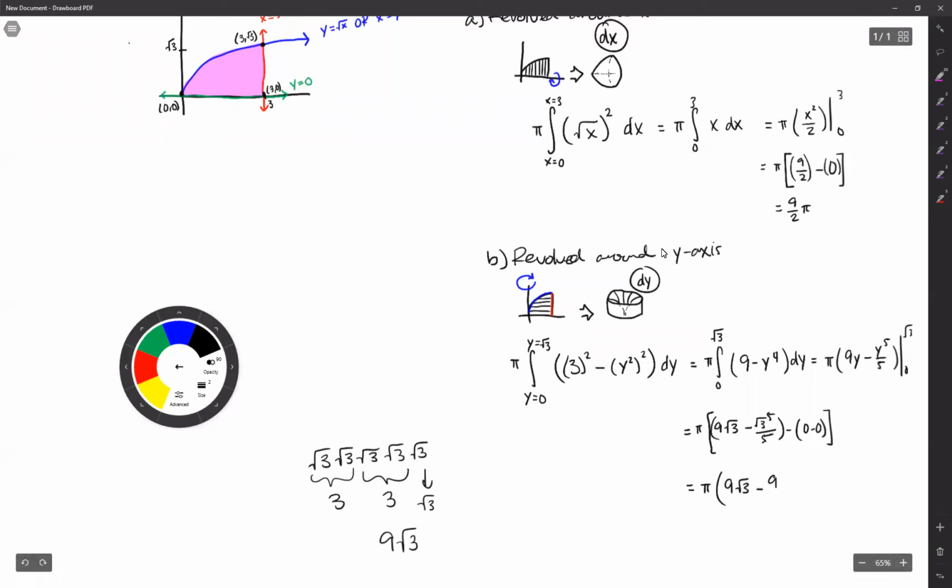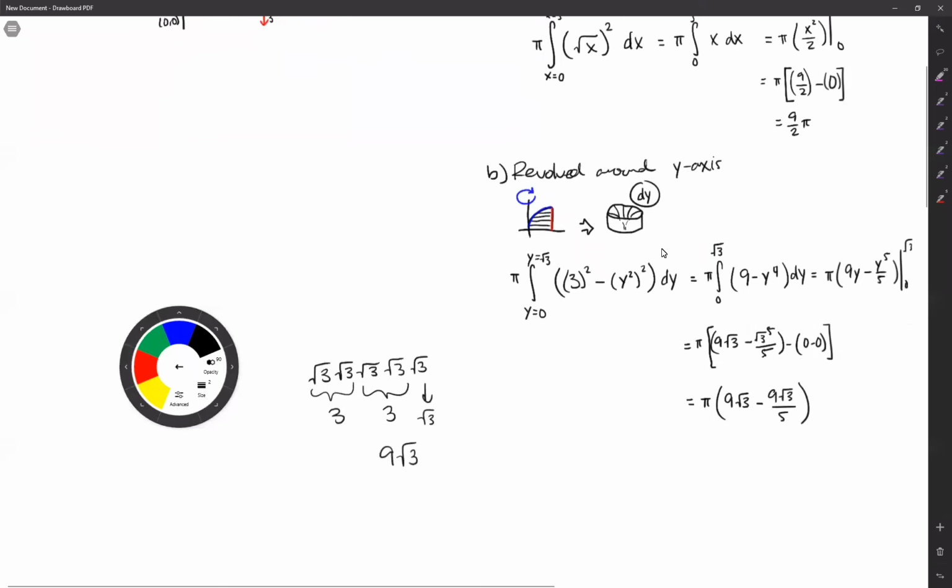So we have 9 square root of 3 over 5. Okay, if you want to factor out the square root of 3, you can, if that makes it easier to do this part.